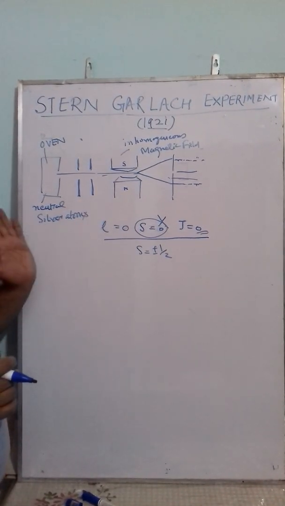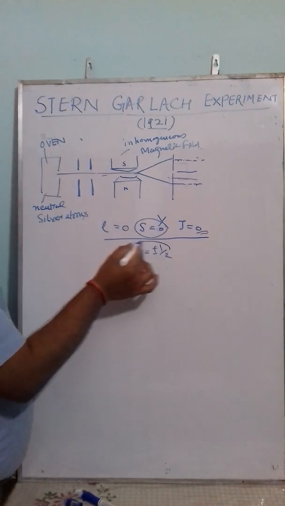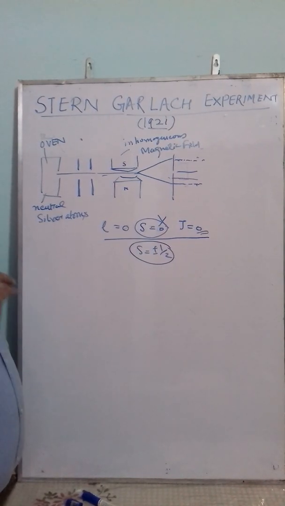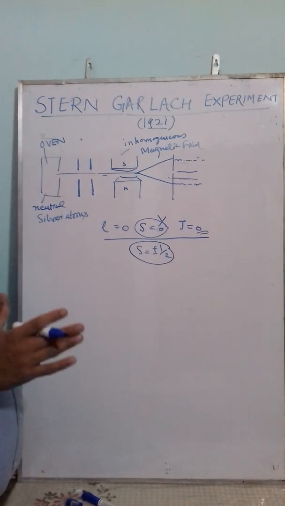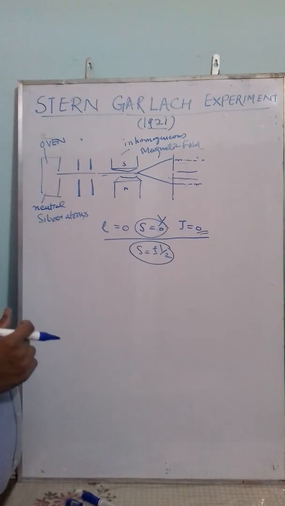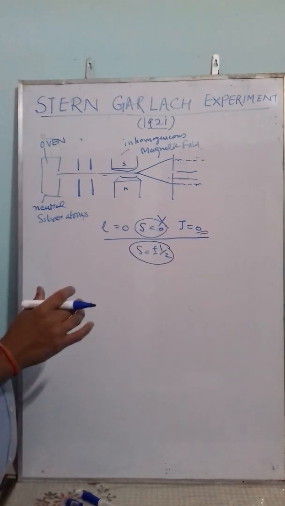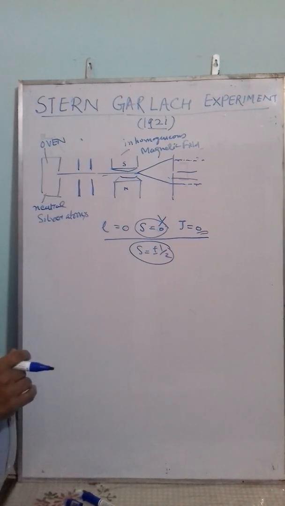On the basis of this, as Phipps and Taylor showed in 1927, the spin has two orientations, plus half and minus half. The Stern-Gerlach experiment, along with the Phipps and Taylor conclusion, showed the existence of electron spin experimentally. This is the importance of the Stern-Gerlach experiment.